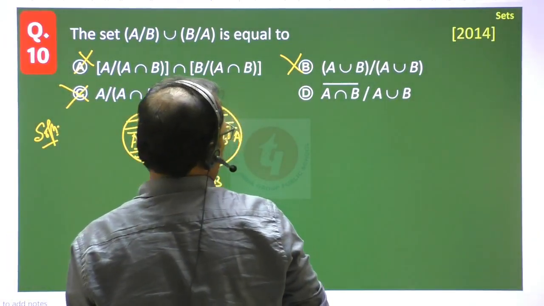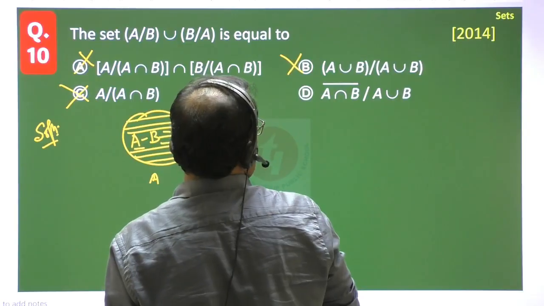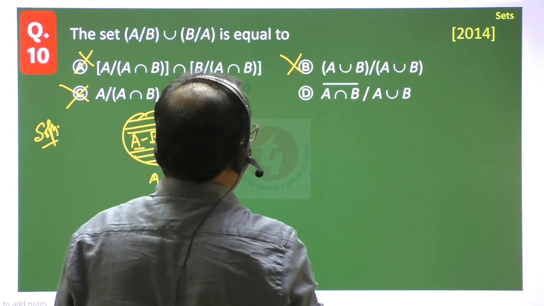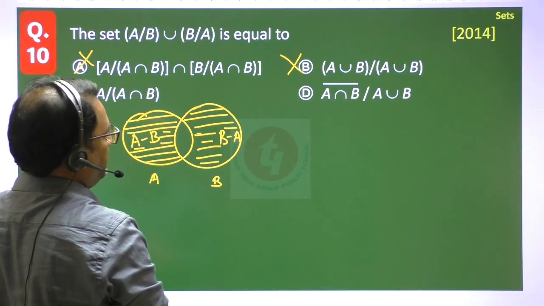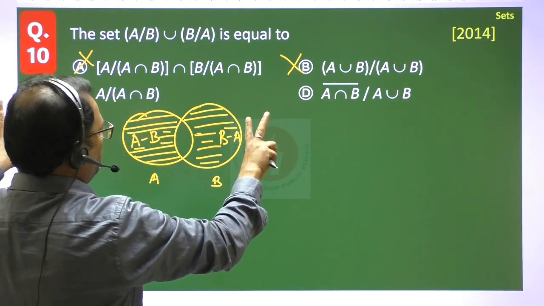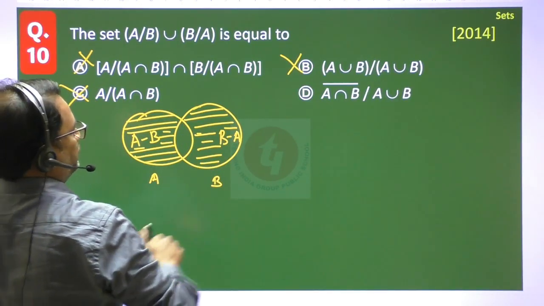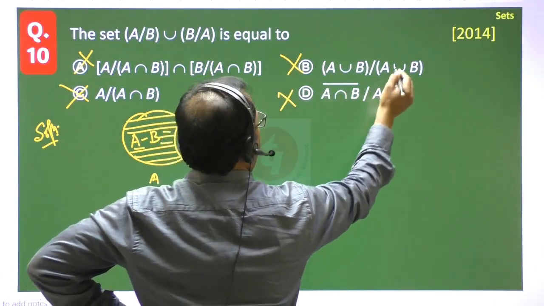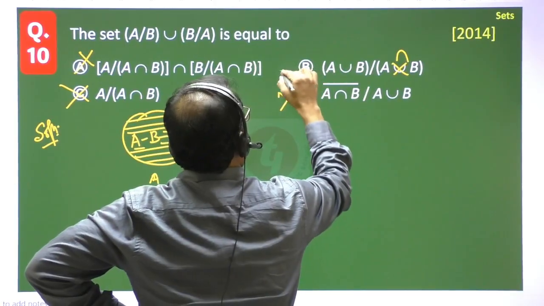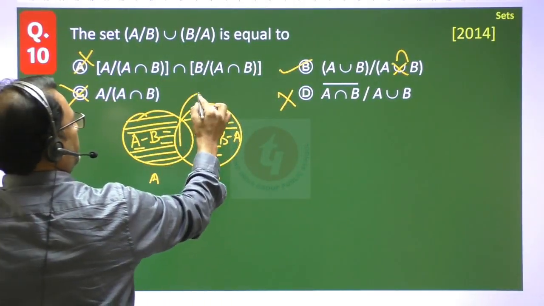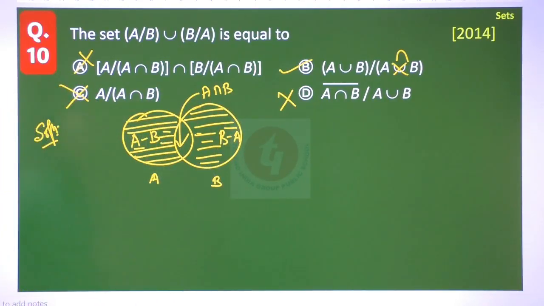A union B minus A intersection B, the whole complement outside, then A union B, you subtract again A union B. No, I think this will be the correct one, the symbol is incorrect, it will be the intersection. So from the union, if you subtract the intersection part, A intersection B, you will get the symmetric difference. Okay?